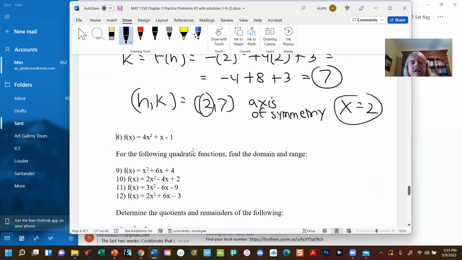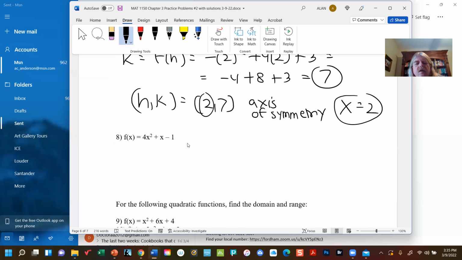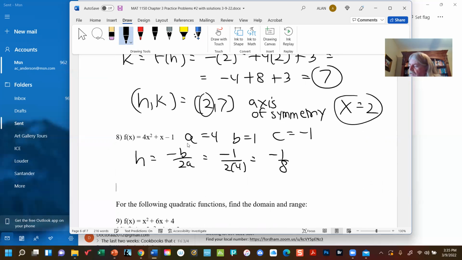All right, then one more. Here we have A is 4, B is 1, and C is -1. So H is -B over 2A, which ends up giving us -1/8. All right.